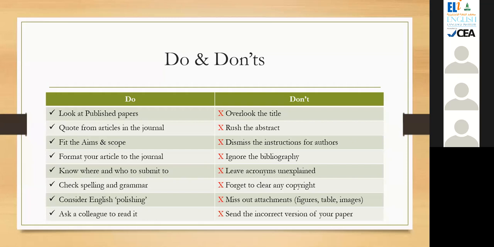I will keep repeating this, because if it does not fit with the aim and scope of the journal, it will get rejected. For example, if it's mentioned clearly that this journal is very interested in quantitative research, don't send a qualitative research, because that means it will not fit with the scope of that particular journal.